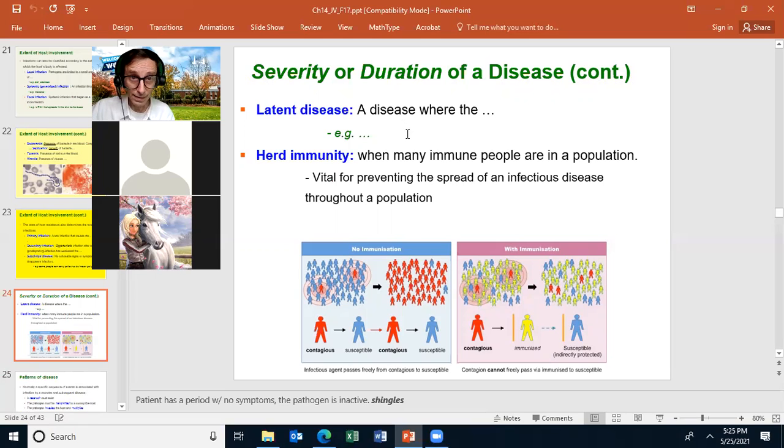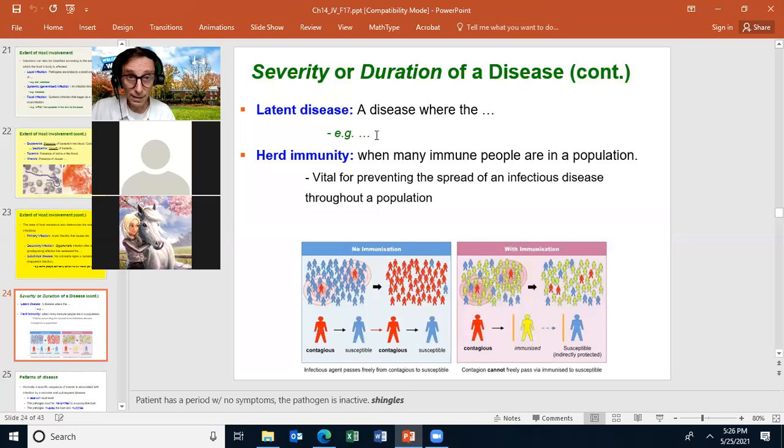A classic case of a latent disease is when usually a child gets the chicken pox, and then the chicken pox goes away, but the disease-causing organism doesn't go away. It goes into latency, and it may stay latent for decades.